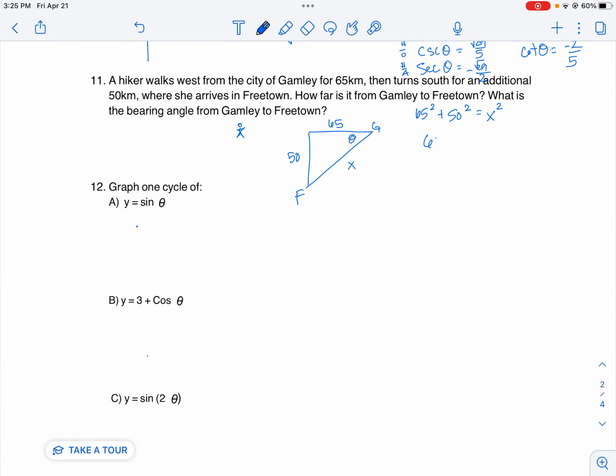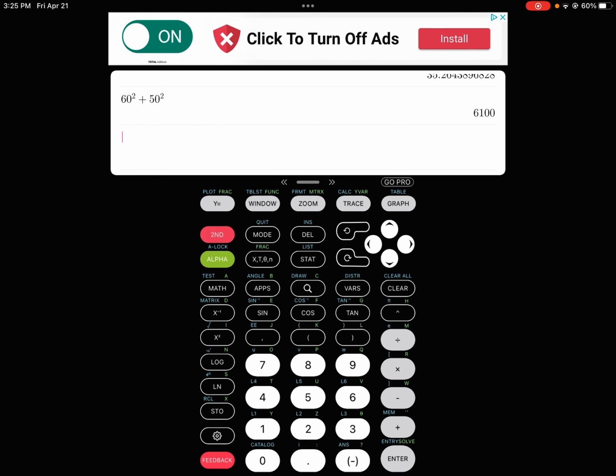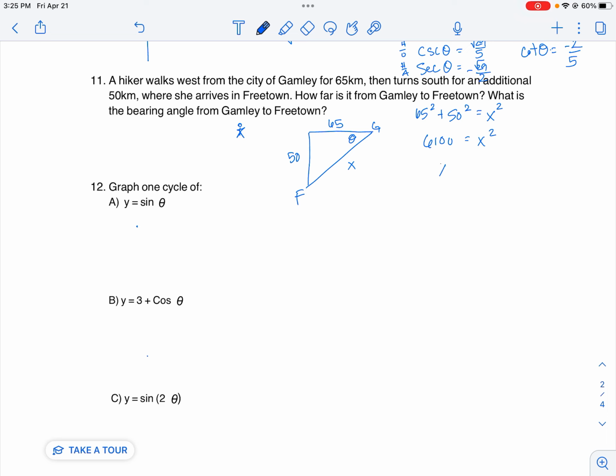Then I'm going to take the square root of 6100 and get 78.10. So x equals 78.10. So Gamley is approximately 78.1 kilometers from Freetown.